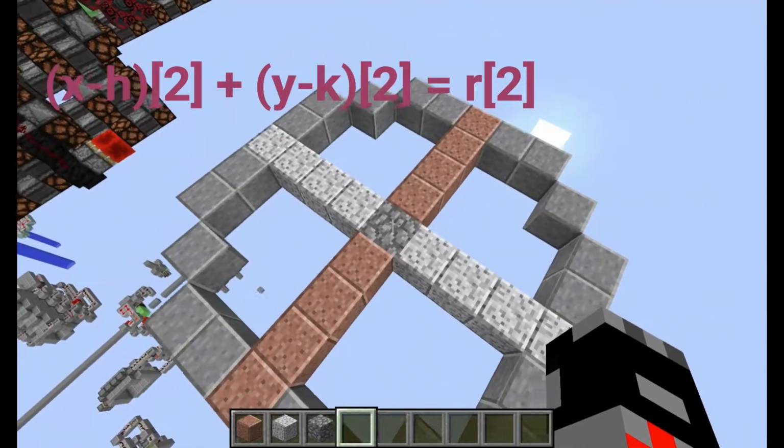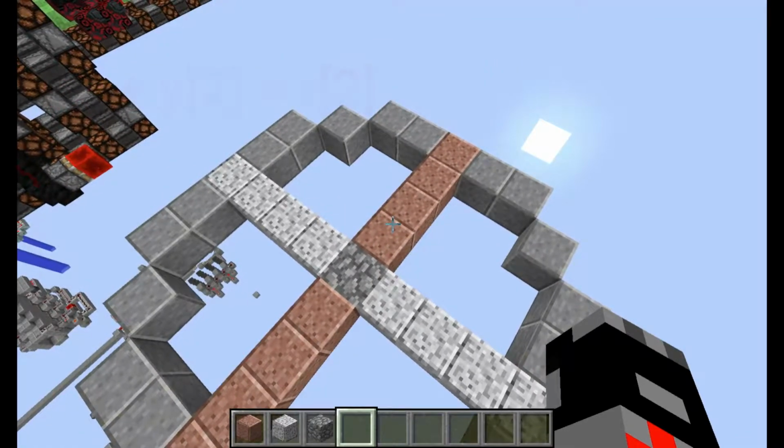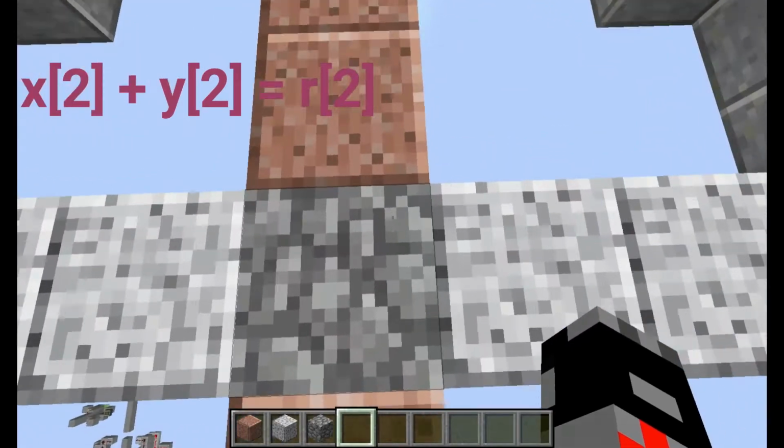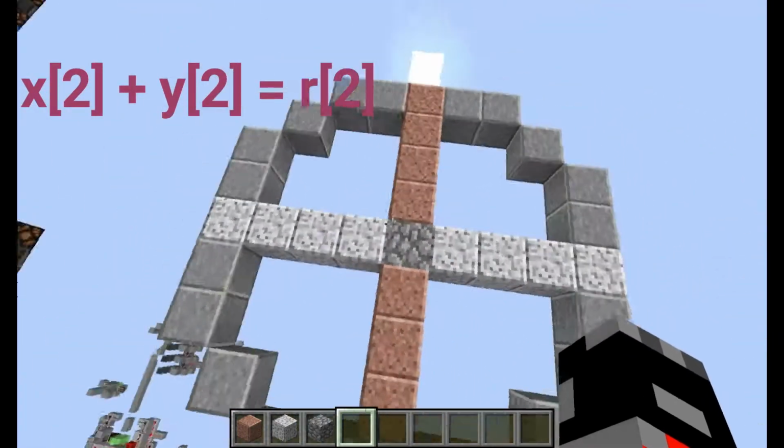Now, we're not going to worry about those numbers, so I'm just going to knock those right off the equation, because we're going to assume that they're 0, so they won't affect the equation.